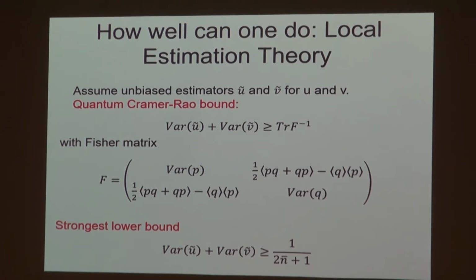Now, there is some math you can do which shows that the sum of the variances is lower bounded by the trace of the inverse of a matrix, and that's called the Fisher matrix. Usually Fisher information is a single quantity. This is the quantum Fisher information. But in this case, it's a matrix, and it involves the variances of the operators p and q and also a covariance.